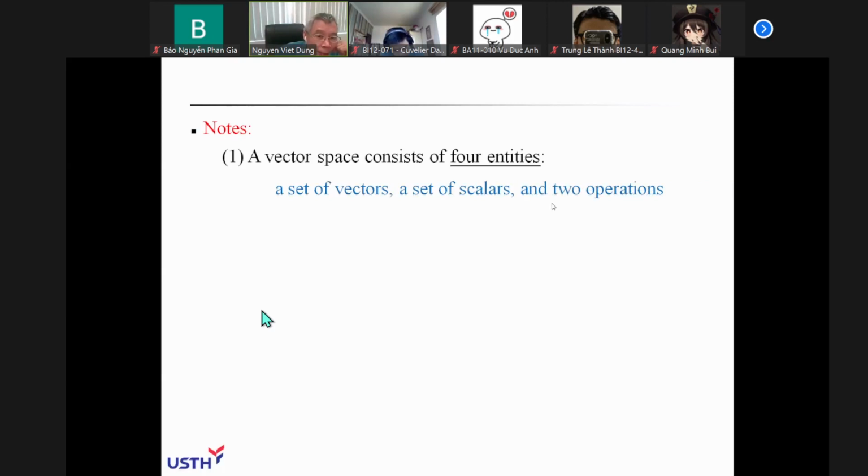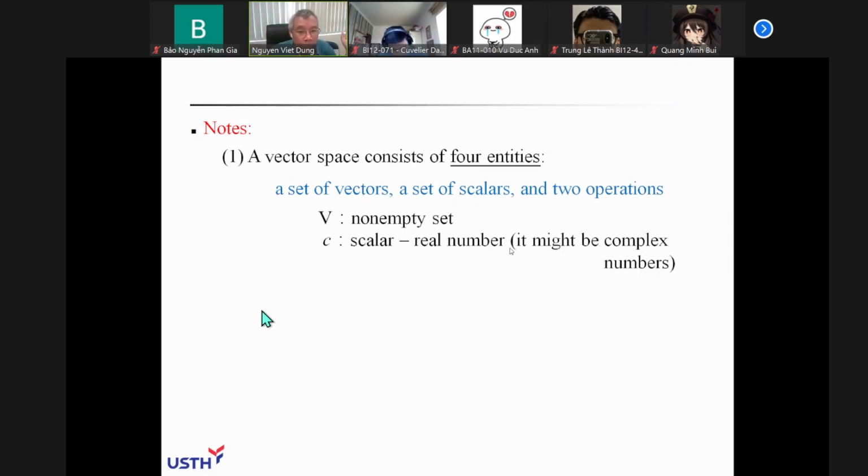I list them here. First, you need to have a set of elements. We call it a set of vectors. Then you need to have a set of scalars. And then you need to have 2 operations defined on the set of vectors. So that is 4 things. The first one, the set of vectors, usually denoted by V, is a non-empty set.